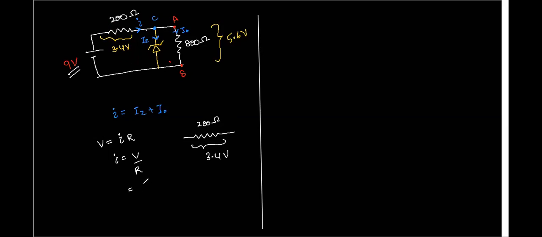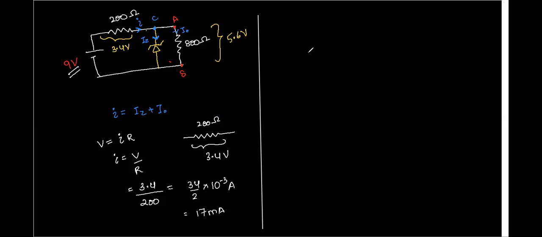So V is 3.4 whole by 200. Correct? This will give you 34 by 2 into 10 power minus 3 amperes. That is 17 milliamperes. Am I correct?